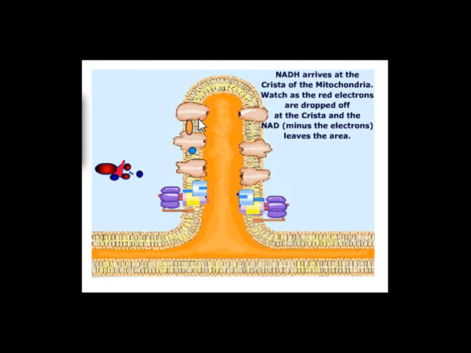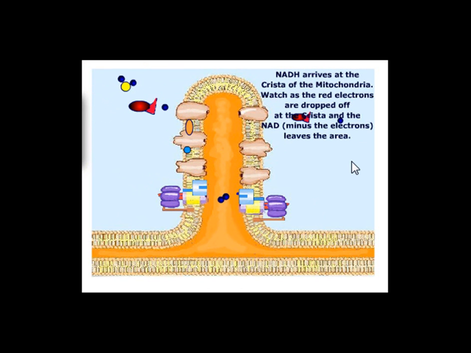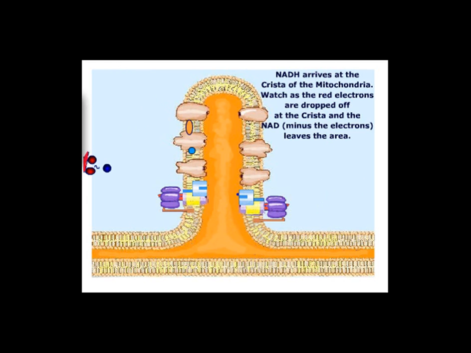As it drops the electrons off here, they will be translocated down the complex. As they move down the complex, they will actually pump the hydrogen ions into that intermembrane space. As they pump those hydrogen ions in, they in turn will start to increase the concentration inside that area.